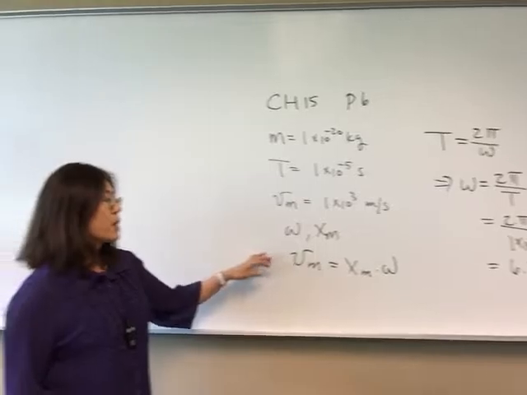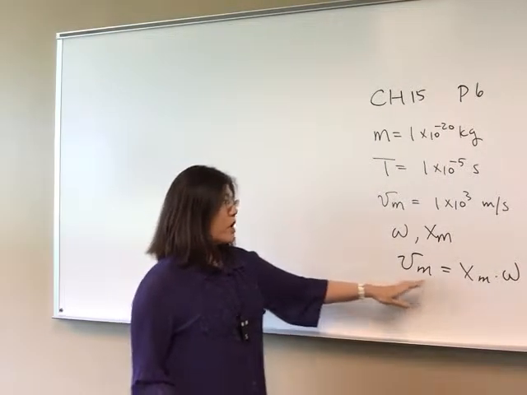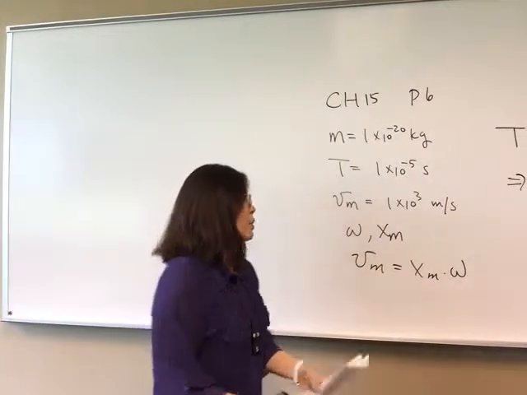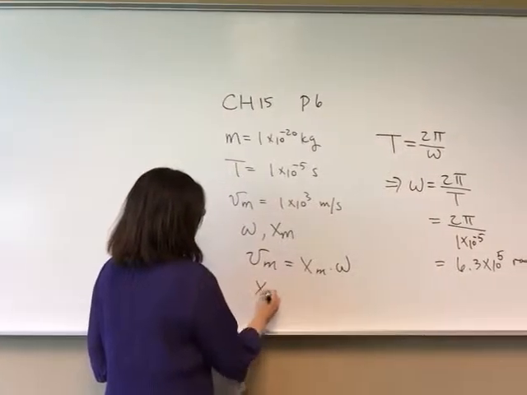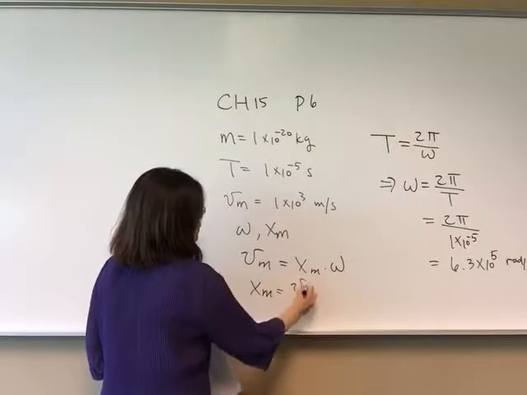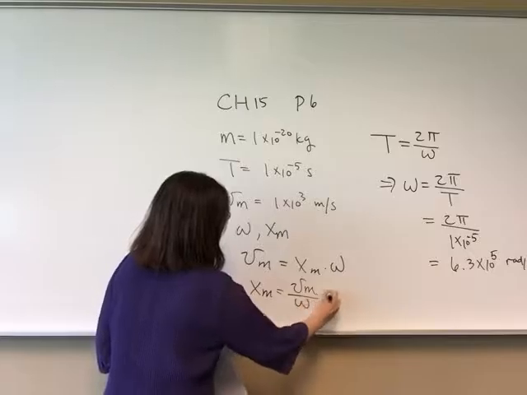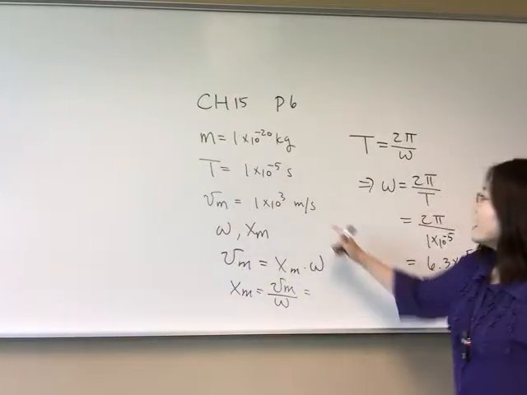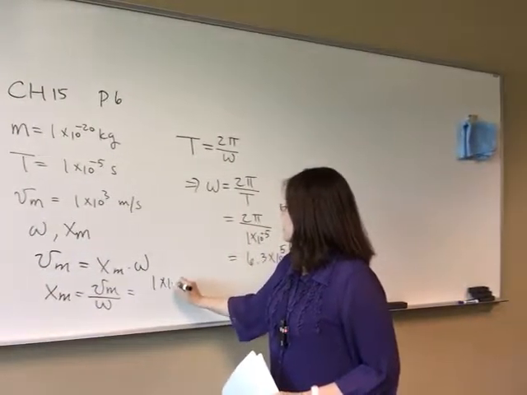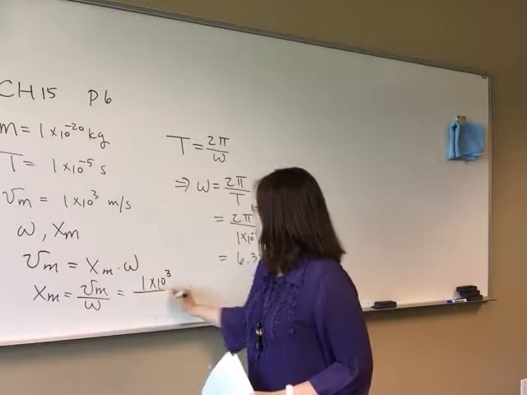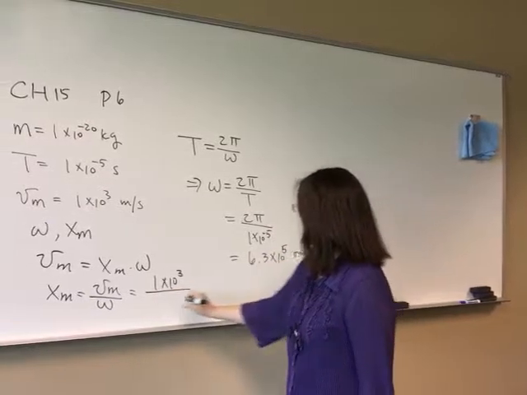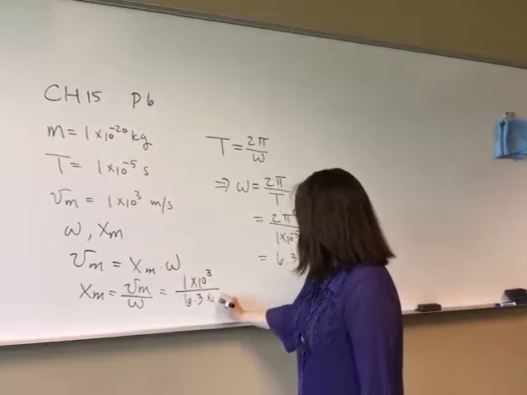It's as simple as that. So you have the Vm, you have the xm, and the omega, and we just calculate. Our xm is equal to Vm over omega. Our Vm is 1 times 10 to the 3rd, and omega is 6.3 times 10 to the 5th.